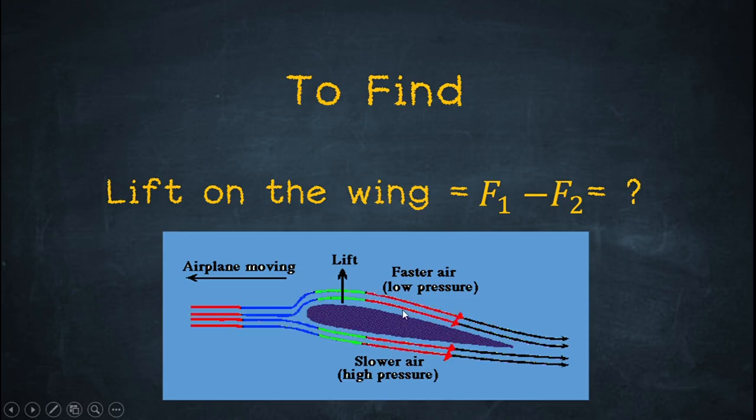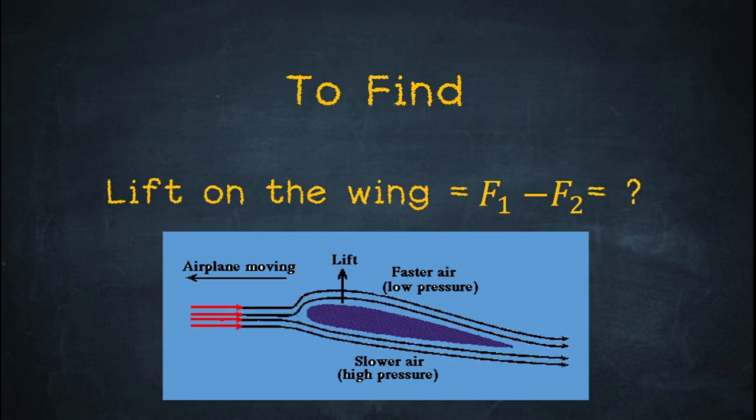As a result, the force acting on the wing from the upper side will be lower than the force from the lower side. As the force acting in the upward direction is greater than that in the downward direction, the aeroplane will be lifted upwardly.